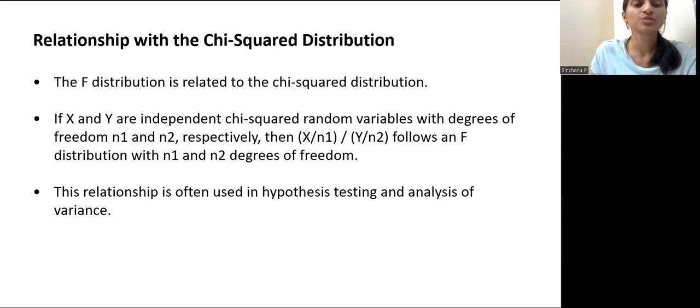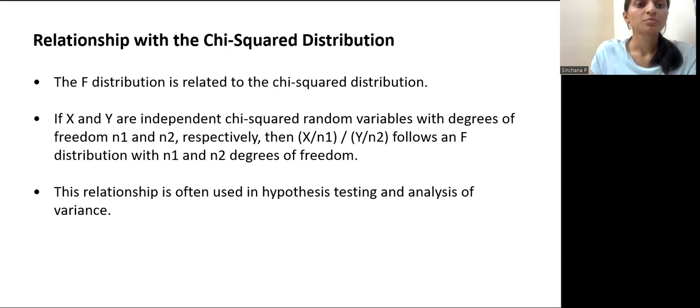Flexibility. The F distribution allows for testing hypotheses involving multiple groups or factors, making it useful in complex experimental designs where comparisons need to be made across different treatments or conditions.